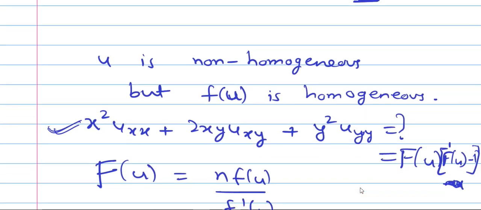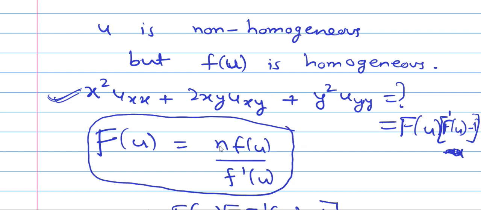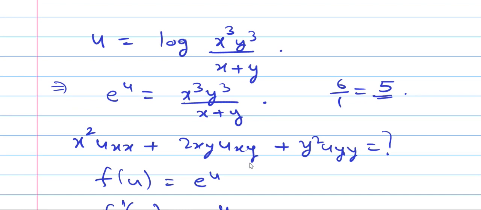Then the next point: u is non-homogeneous but f of u is homogeneous. Then the second derivative is given by capital F of u times (capital F dash u minus 1), where capital F of u is small n into small f of u divided by f dash u. In this question, the function is non-homogeneous, so if I take the antilog, it becomes a homogeneous function of degree 5.